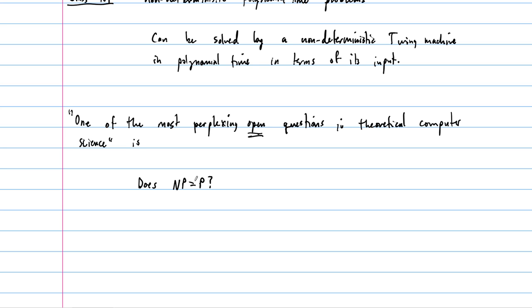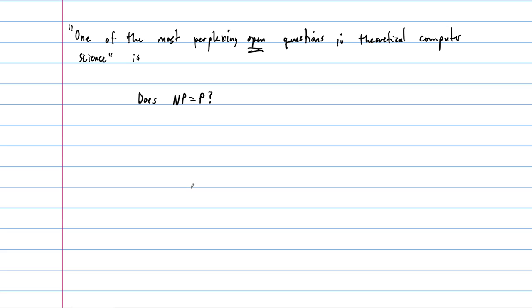But there has been a lot of progress made, and there have been certain problems found called NP complete. So the NP complete class of problems consists of all the problems for which, if they are NP problems, right?